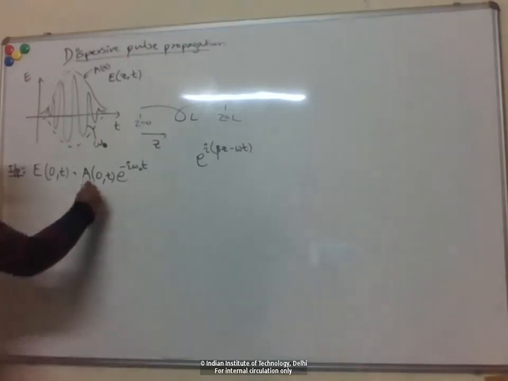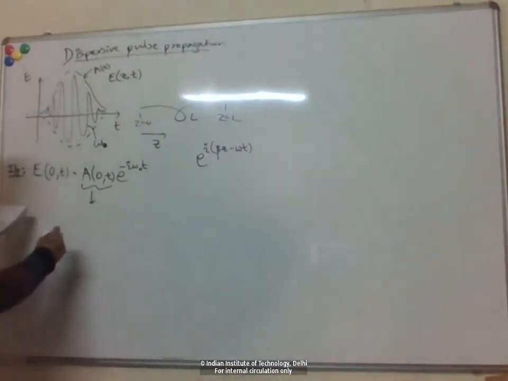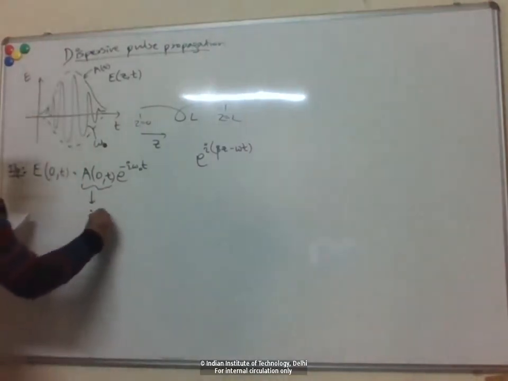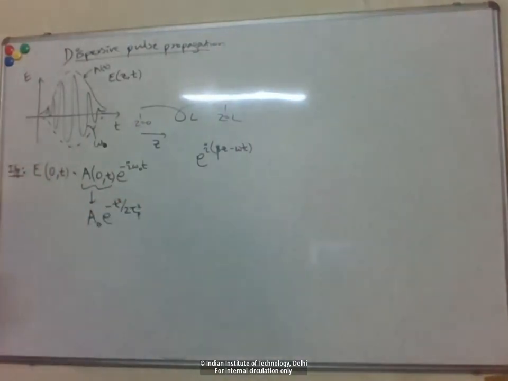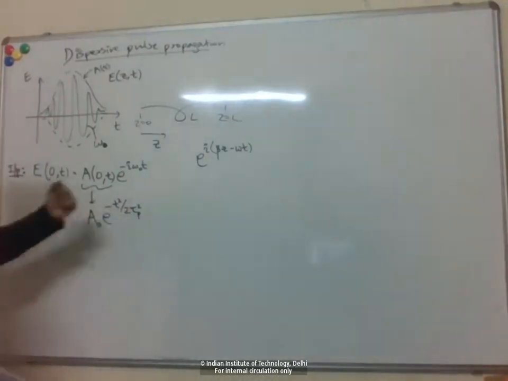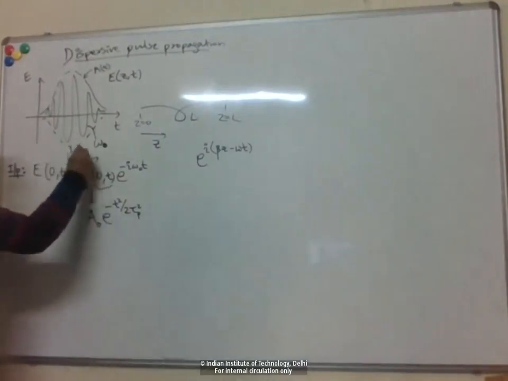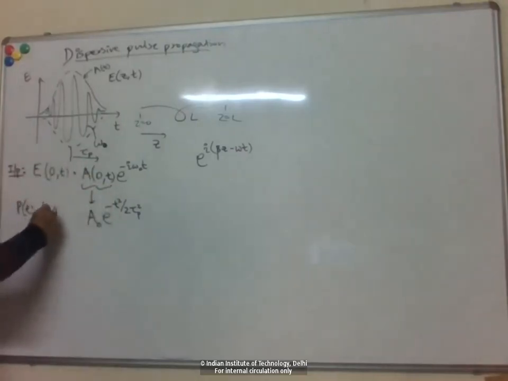Okay, and this envelope is, let's say, a Gaussian pulse. For example, it looks something like this. So this is a Gaussian function in time, and tau p is sort of the half width of this pulse. If I look at the power or the intensity in the pulse, I take the mod square of this, and that gives me the power.